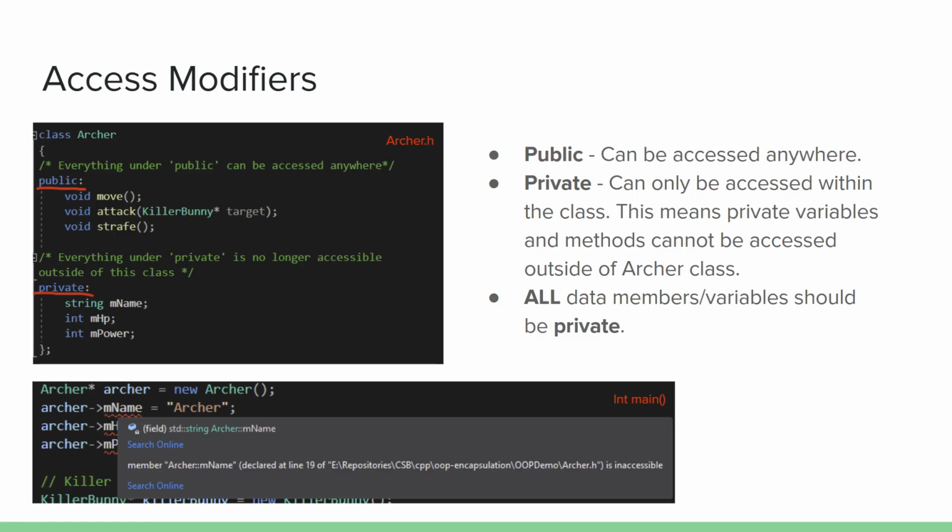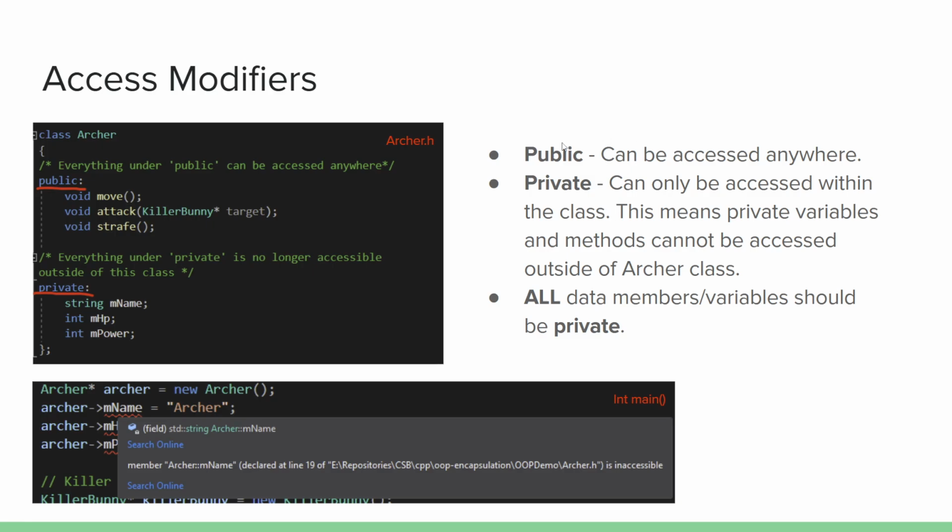Okay. So now we go to access modifiers. This is how you start to encapsulate your variables and functions. These access modifiers tell the code whether things can be accessed anywhere, or only within the child classes, which I'll get to later. For now we have public and private. If you have a public access modifier, it can be accessed anywhere.